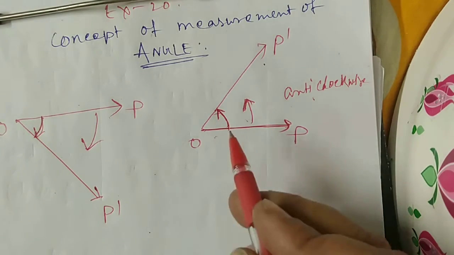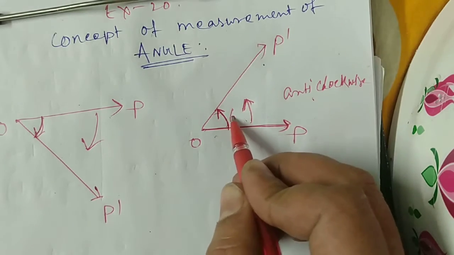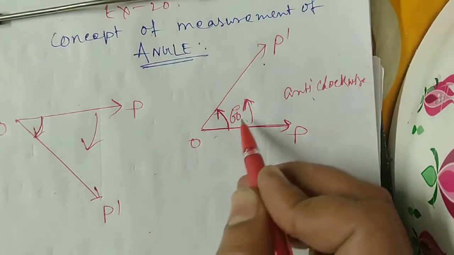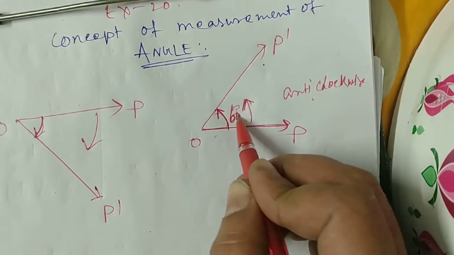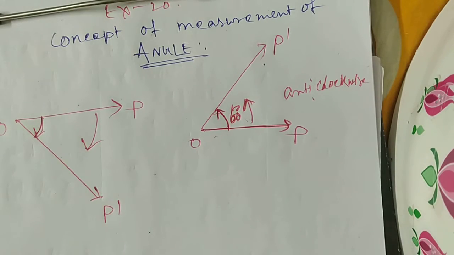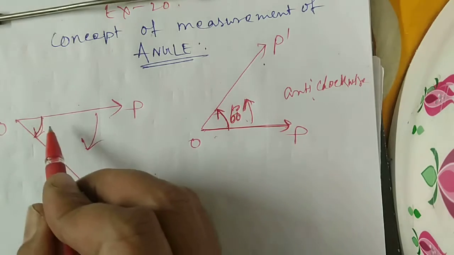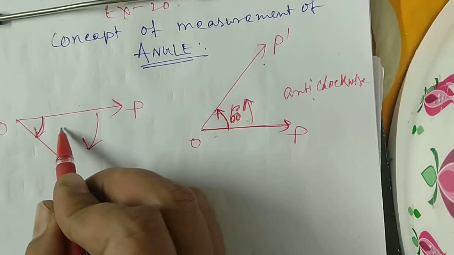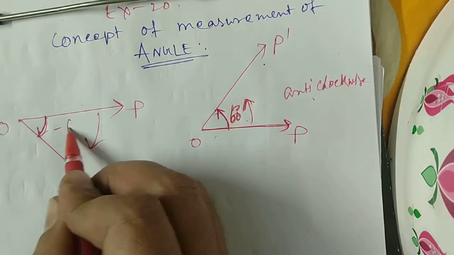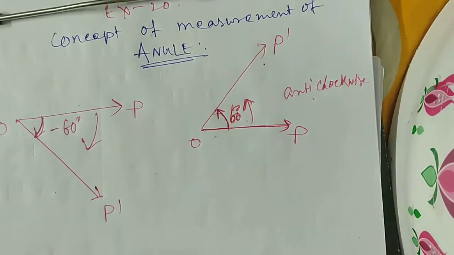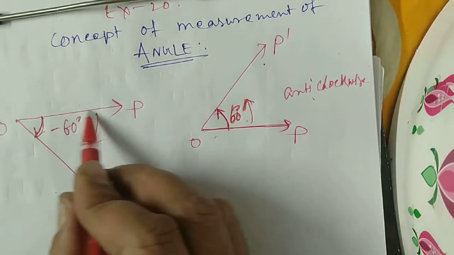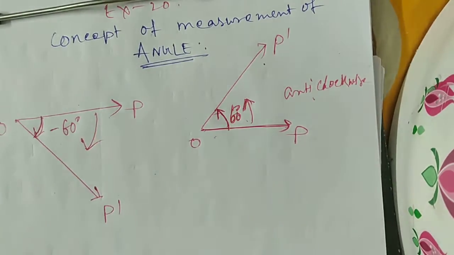That means suppose the measurement of this angle is 60 degree, so it will be plus 60. But if the measurement of this angle is 60 degree here, we write minus 60 degree, because here the ray rotates in the clockwise direction.